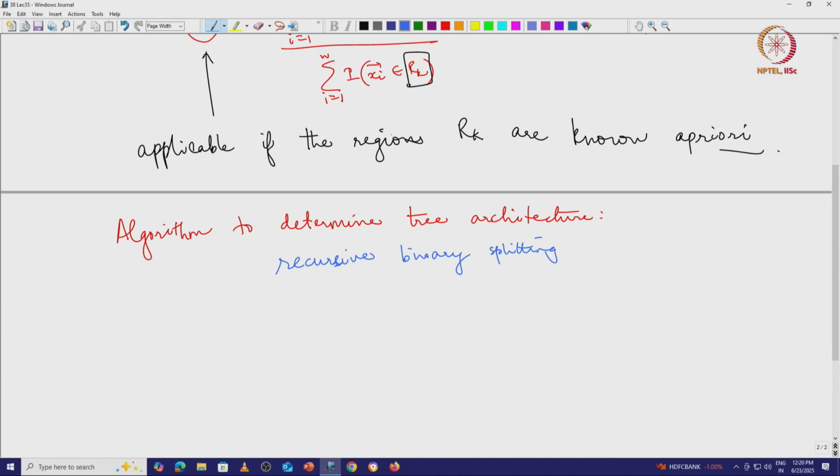Alright, so how do you do this splitting? There is a sequence of steps that you need to follow, and I will discuss those steps now.